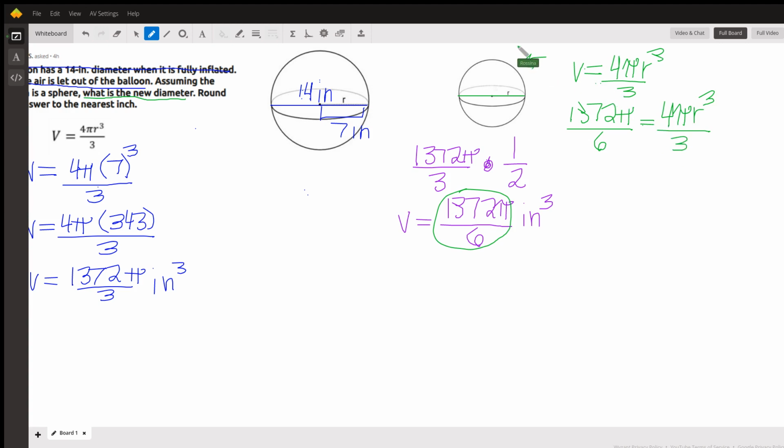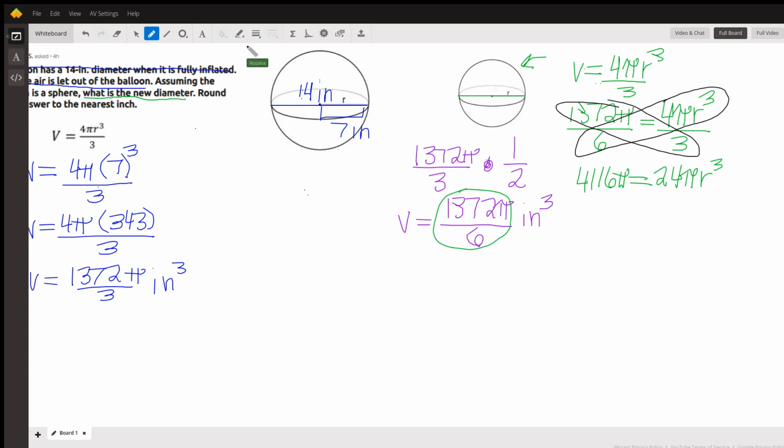There are a couple of ways you can approach this algebraically. I'm going to just cross multiply because that may be the clearest way for you to understand. Remember, we can use this shortcut when we have two fractions equaling each other. So 1372 pi times 3 is 4,116 pi. The other cross multiplication will be 24 pi r cubed. Back to basic algebra.